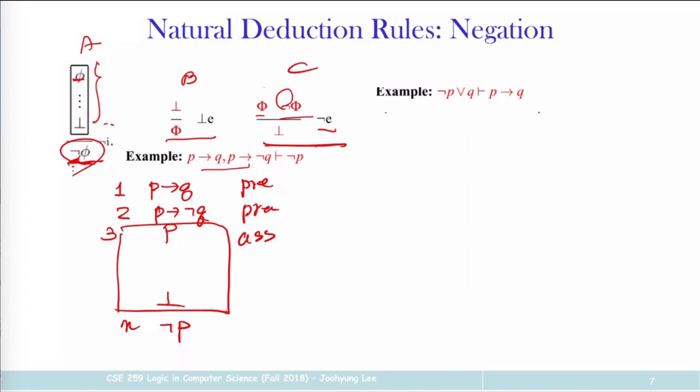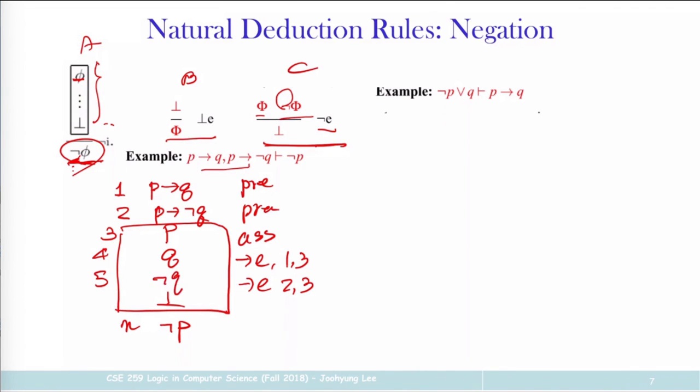This is what we just spoke about. From which two lines should we derive? Lines 1 and 3. Implication elimination for 1 and 3. What do we get? Q. Now another one, implication elimination for 2 and 3. What do we get?